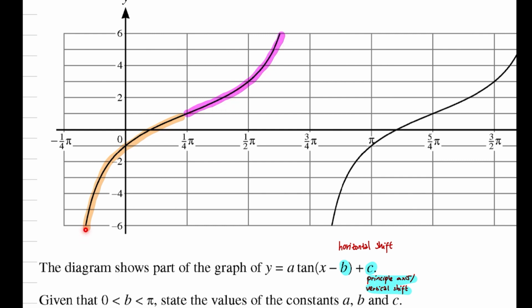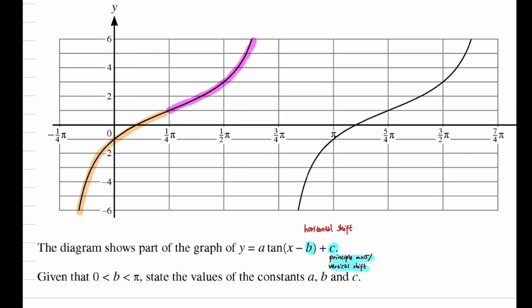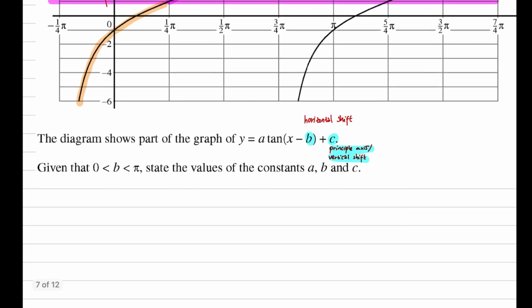Then the gradient decreases until this point. Now it changes, and the graph goes up rapidly. So this point is the middle part of the graph, so this is our middle line. We call it the principal axis, at y equals 1. So the c value equals 1.